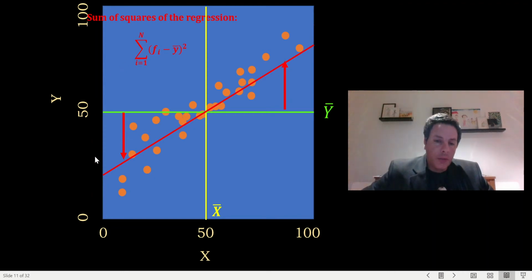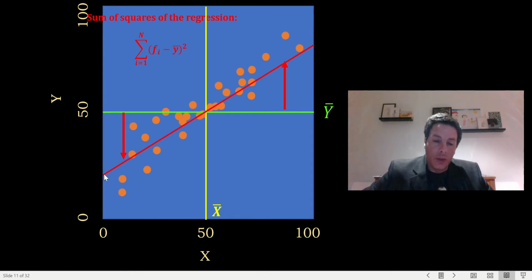And the intercept is the value on the y-axis that corresponds to a value of 0 on the x-axis. So here x is 0 and y is this value, and that's where the regression line intersects when x equals 0.